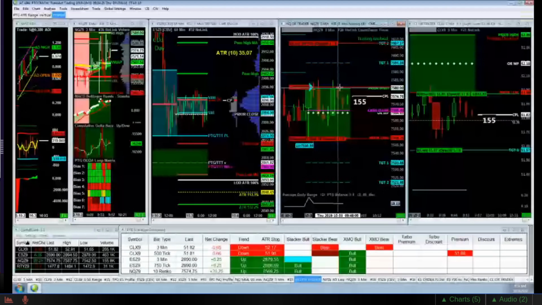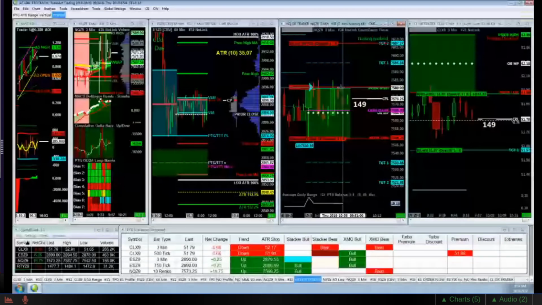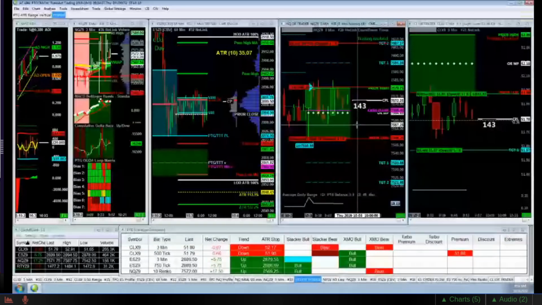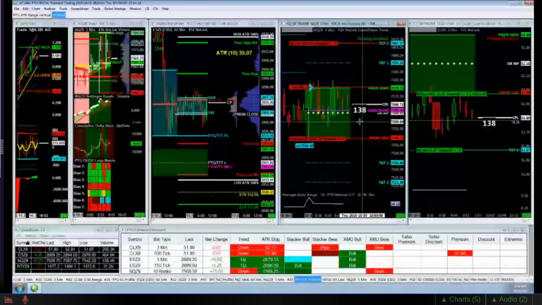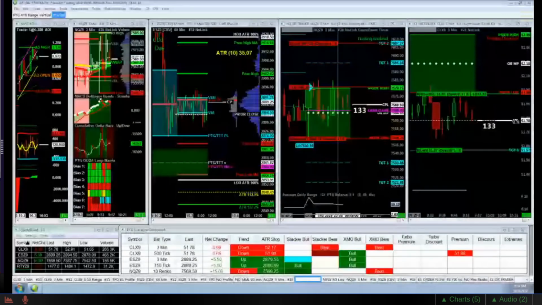Remember, manage your risk the way you see fit. I am running it in its truest and purest sense, for tracking purposes, so we see how the strategy performs.